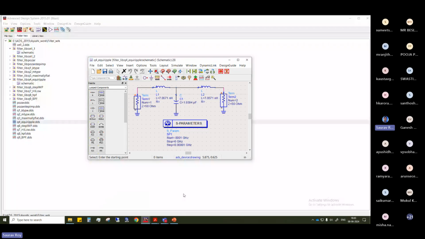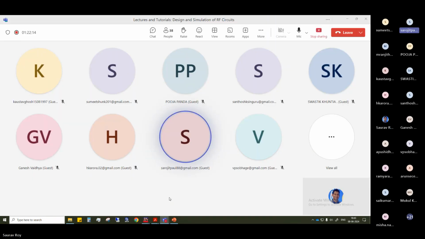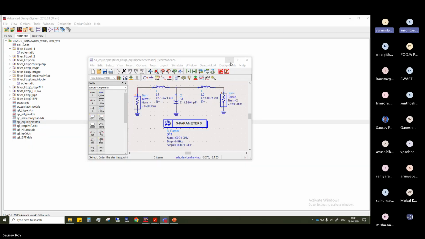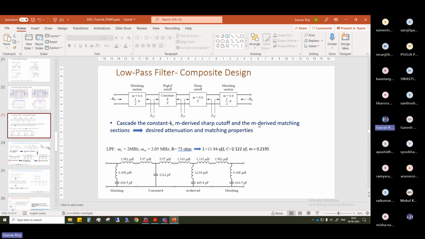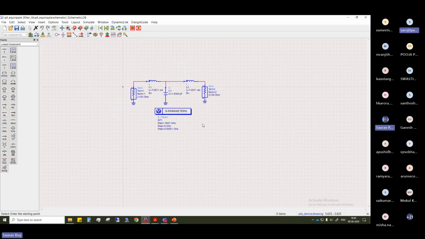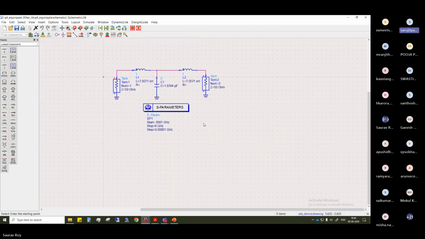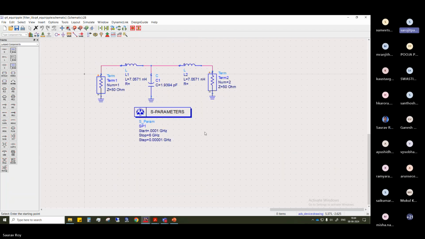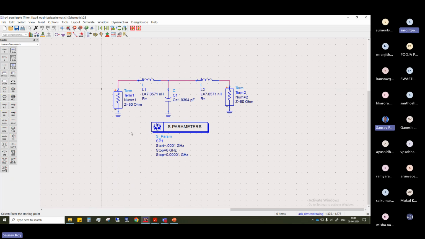Hello, sir. Yes. In ADS, you use Term as a port. Where do you see it? Here, this Term1, Z equals to.